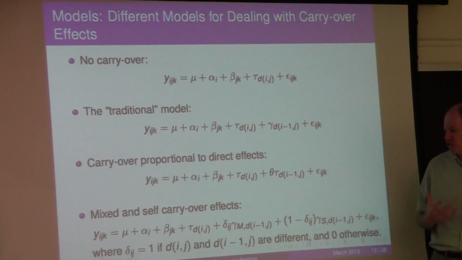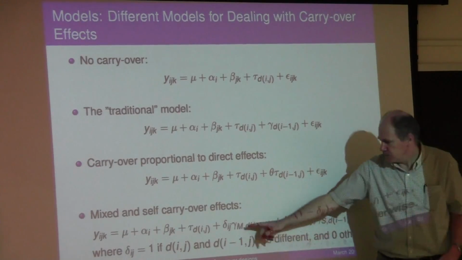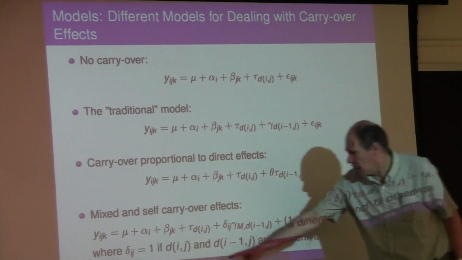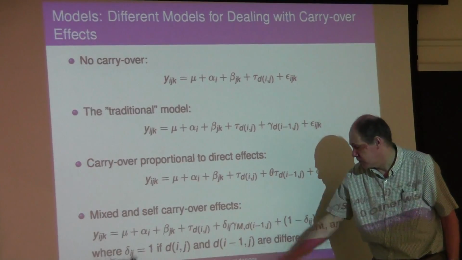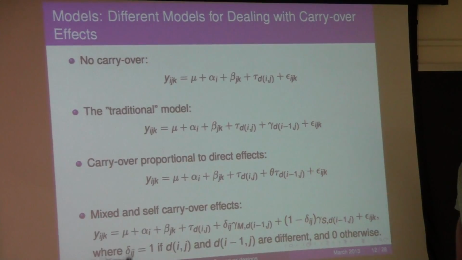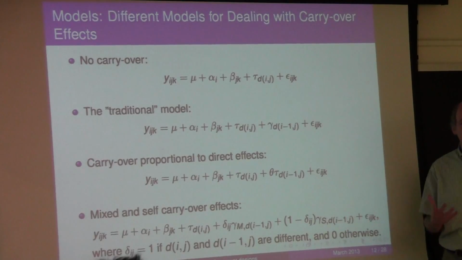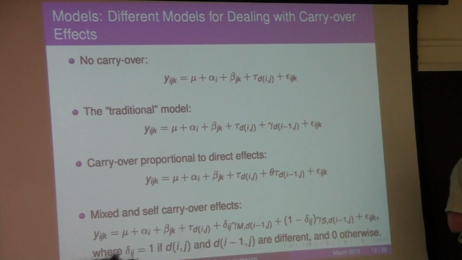And what does that depend on? Well, this delta ij is equal to 1 if the treatment in the current period and the treatment in the previous period are different. And it's 0 if the two treatments are the same. So what we allow here for is that the carryover effect from a treatment in the previous period does not only depend on the treatment in the previous period, but can also depend on the treatment in the current period.